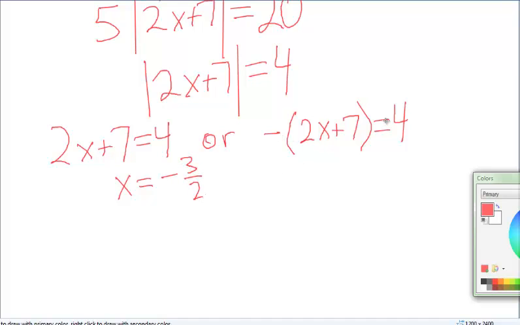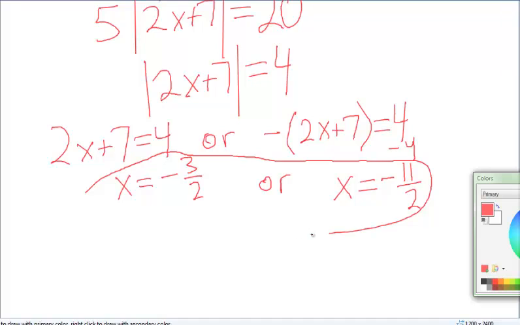Here we make this -4. Subtract 7 and get negative 11, and x equals negative 11 over 2. So x is negative 3 over 2 or negative 11 over 2. And there's our more complicated example.